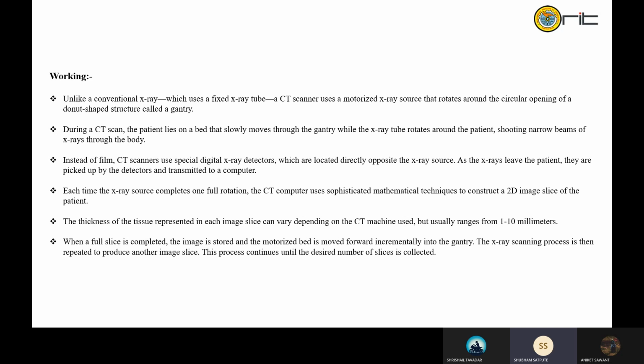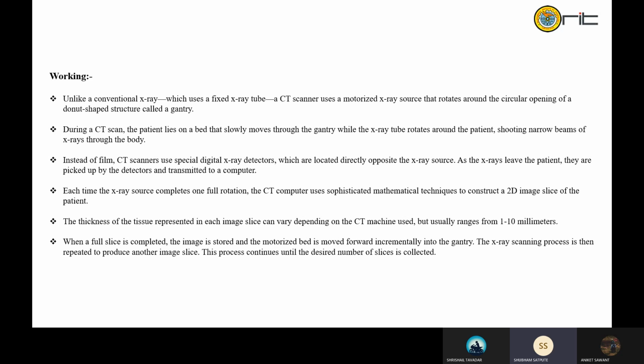As the X-rays leave the patient, they are picked up by the detectors and transmitted to a computer, and each time the X-ray source completes one full rotation, the CT computer uses sophisticated mathematical techniques to construct a 2D image slice of the patient.